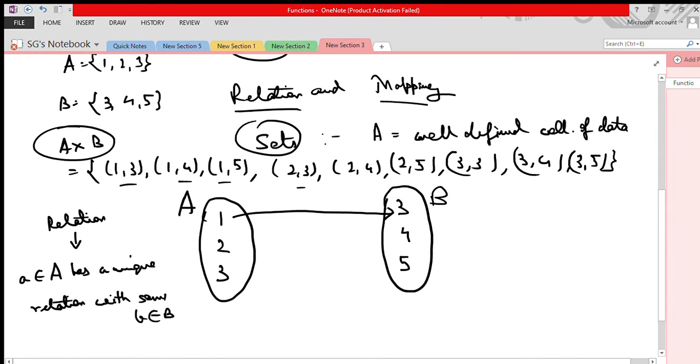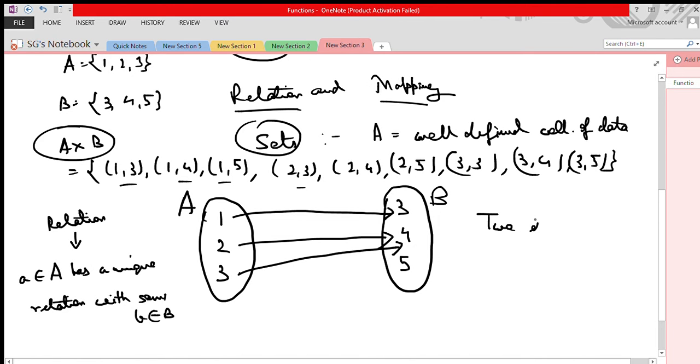So in this particular manner, we can define some relation such that every element of A has a unique element with which it is related in B. Suppose 1 is related to 3, 2 is related to 4, and suppose 3 is also related to 4. It is not mandatory that 3 must relate to 5. 3 can also relate to 4. But what is the restriction in this sort of a relation?